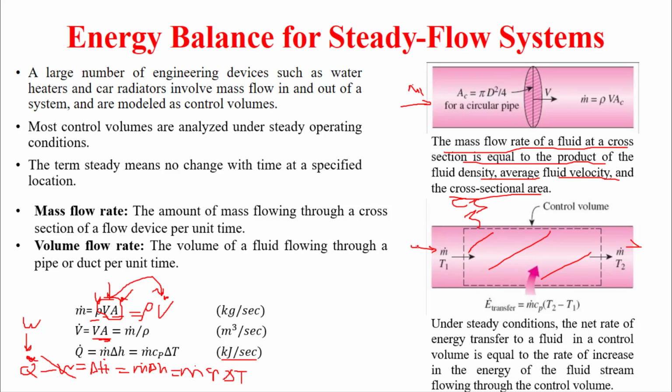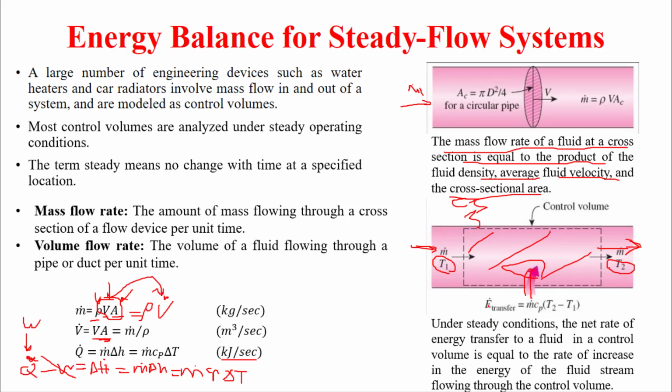So if here we have mass in and mass out, the amount of Q entering the system is equal to delta H, the amount of temperature change. Here it enters at T1 and it exits at T2.